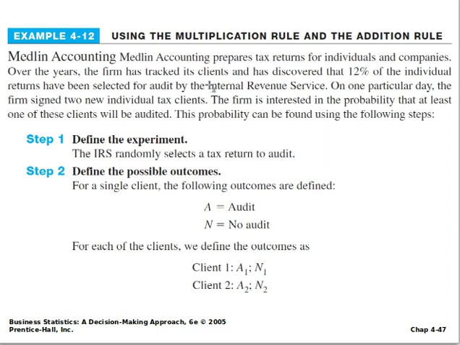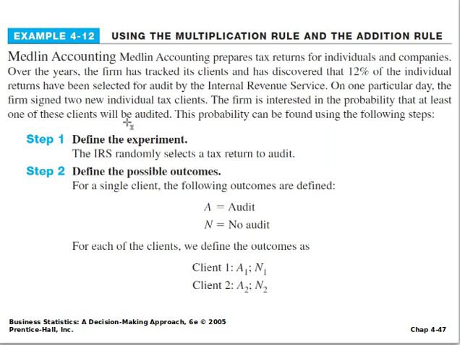On one particular day, the firm signed two new individual tax clients. The firm is interested in the probability that at least one of these clients will be audited, meaning their accounting report would be examined for accuracy.